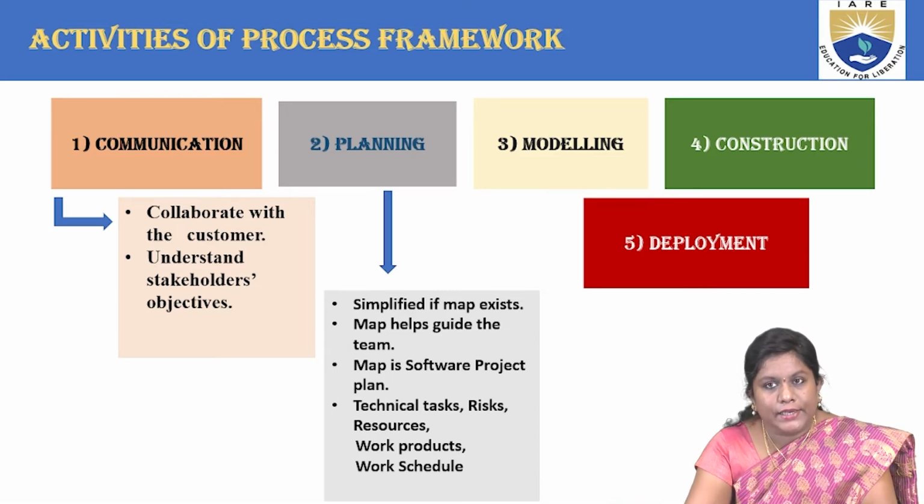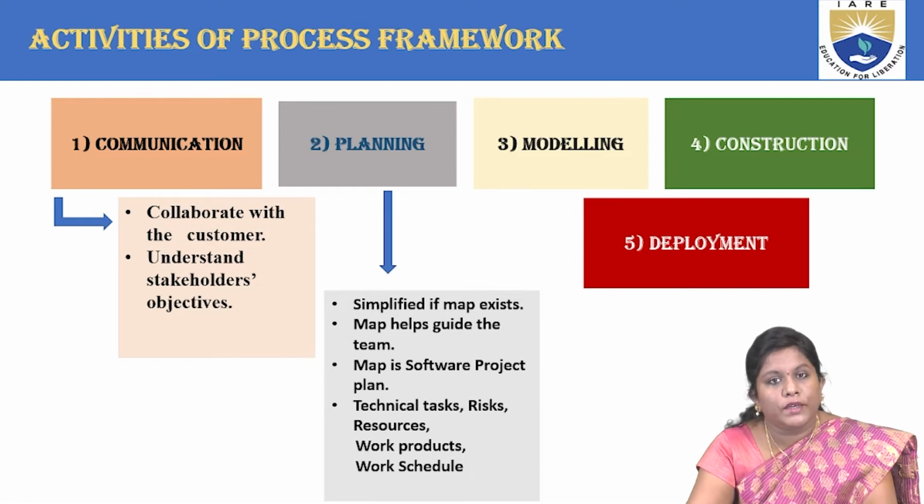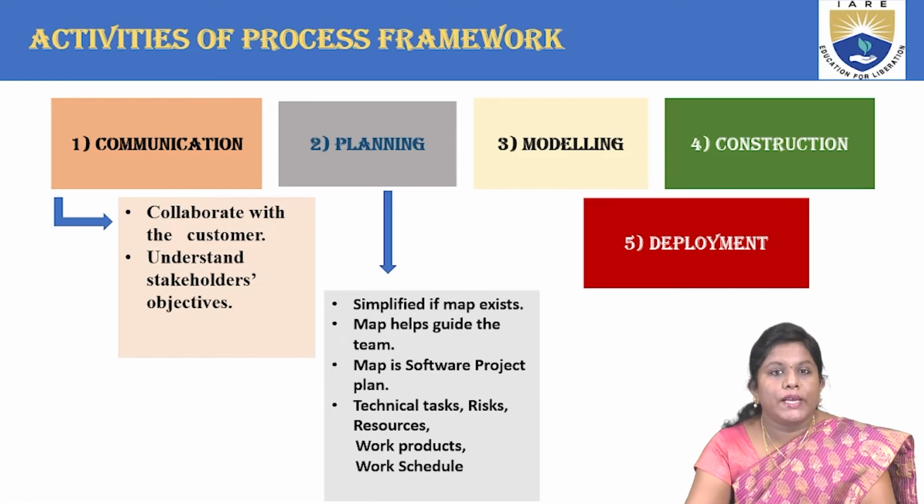Coming to the third category, that is the software project plan. Once the map is ready, who has to do what has to be given to the people in their specific areas. So once you have got the map, the plan, then you are mapping that to the software project.